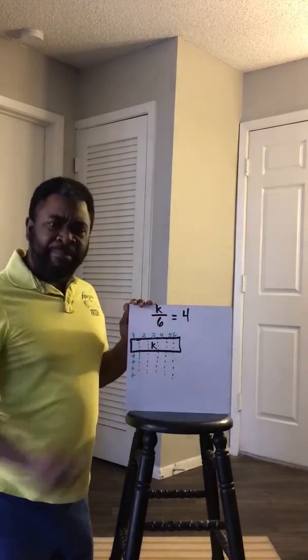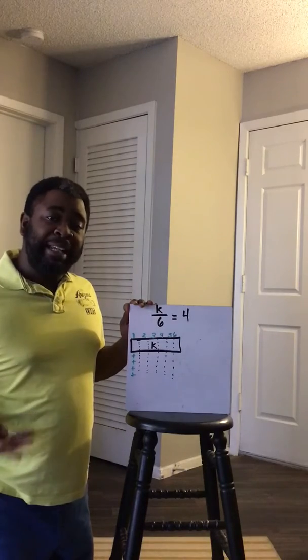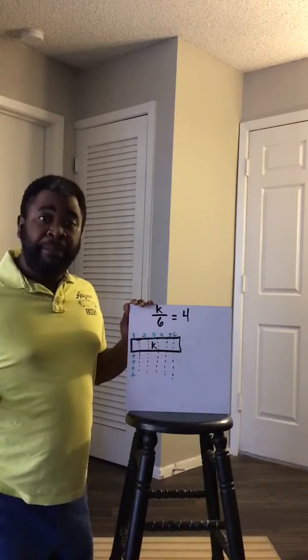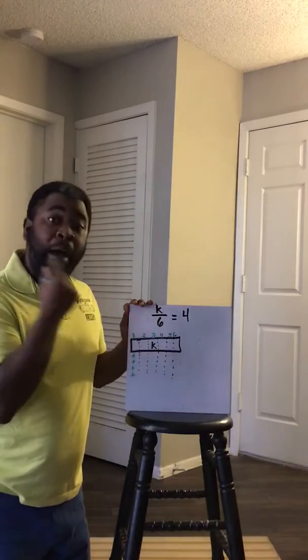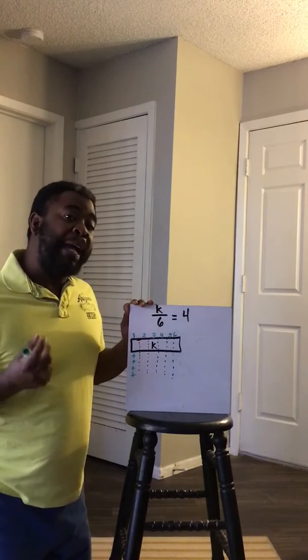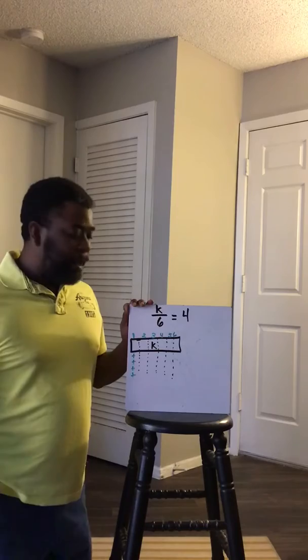So one of my sections is equal to positive 4. But what about the rest of my sections? They have to have the same amount in each section in order for all of my k to be full, because I'm only talking about a piece of my k. 1/6 of my k is equal to 4 positives.